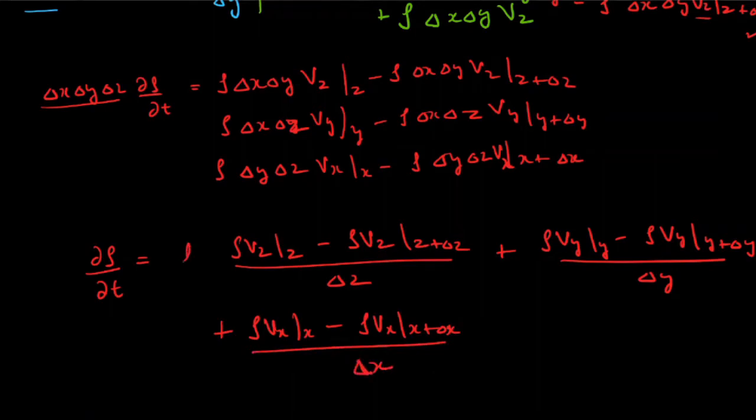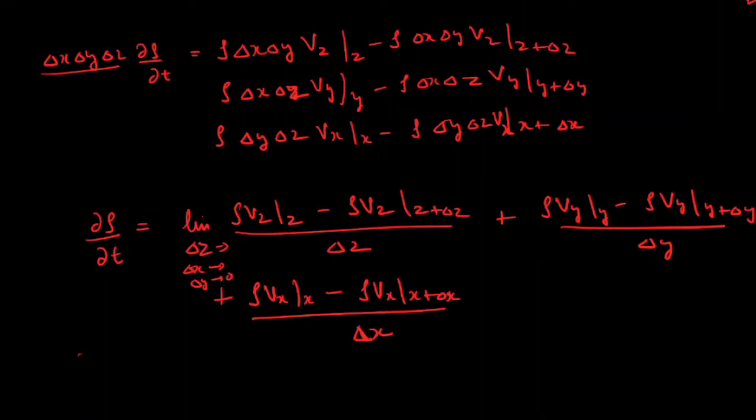Here if we take the limit delta z going to 0, delta x going to 0, delta y going to 0, then we will get del rho by del t equal to minus del rho Vz by del z, minus del rho Vy by del y, minus del rho Vx by del x. The sign is minus because the term at z is positive and the term at z plus delta z is negative.